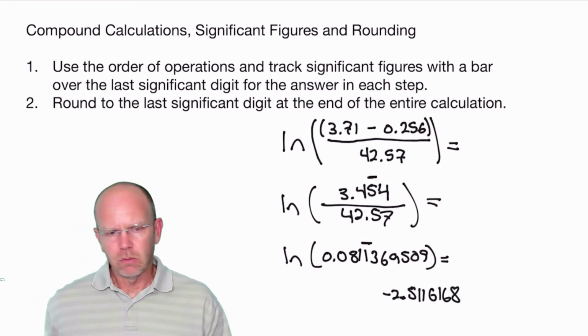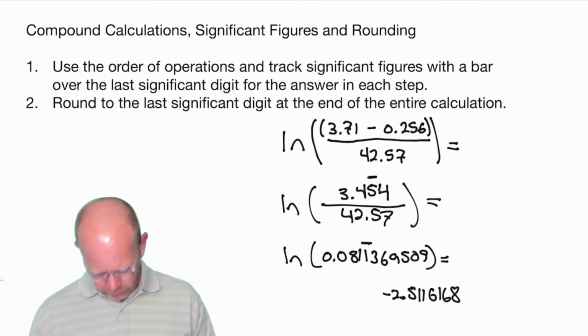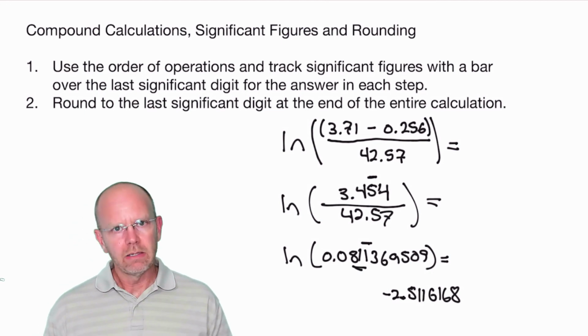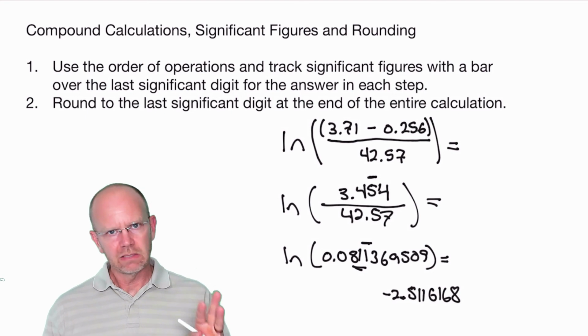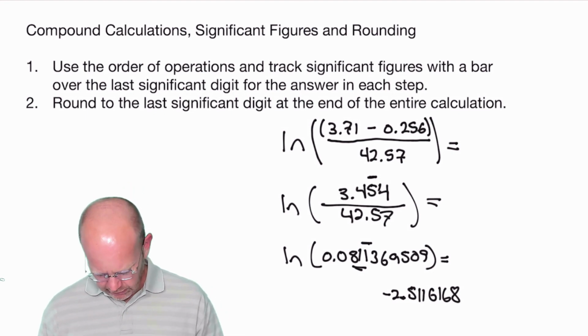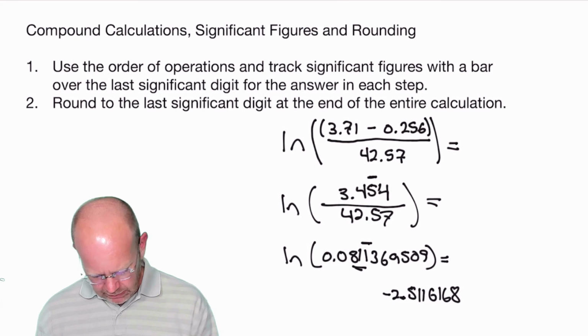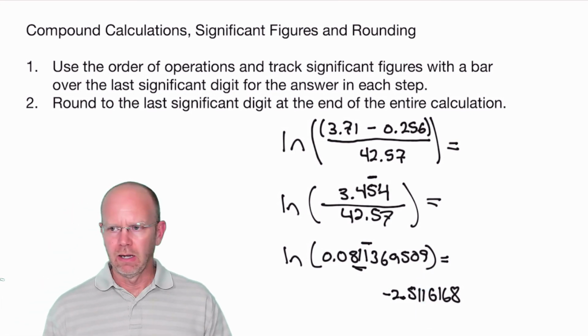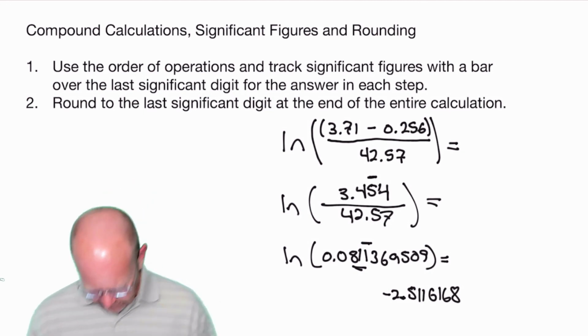And now we have to apply that last rule. So in the original number, I have 3 significant figures. And so I know that I have 3 significant figures past the decimal point in this final answer. So that means this 1 right here is the last significant digit in this number. And so that's in the thousandths place.